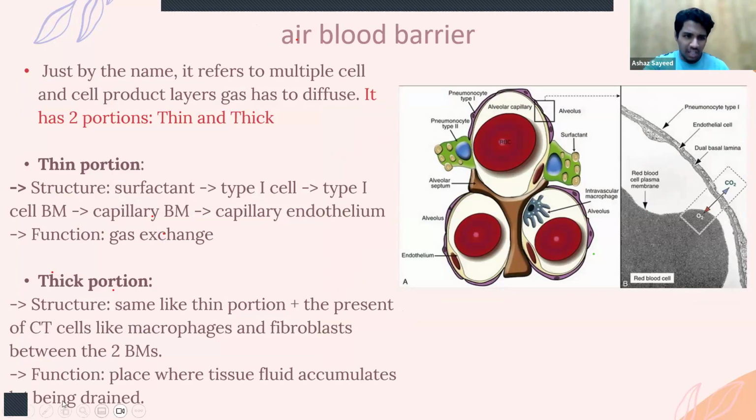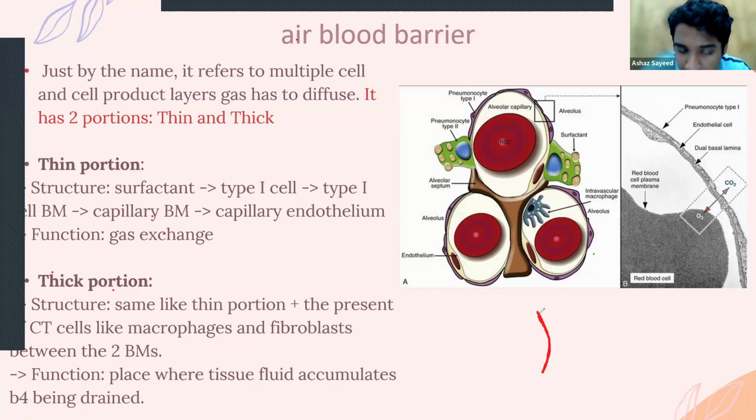So the thin portion, the structure itself. First we have the surfactant, on the alveolar wall. Then we have our type 1 pneumocyte, and then the basement membrane of your type 1 pneumocyte.